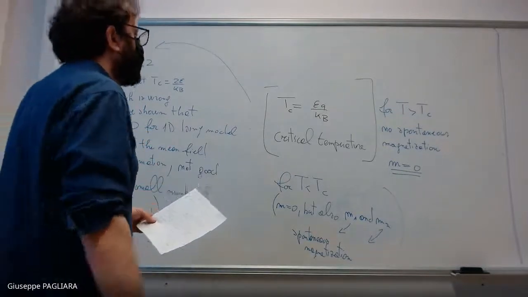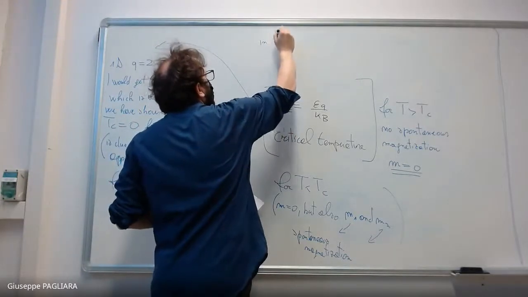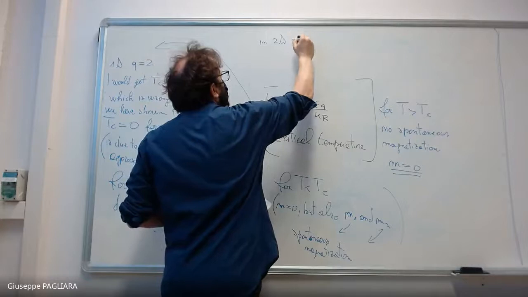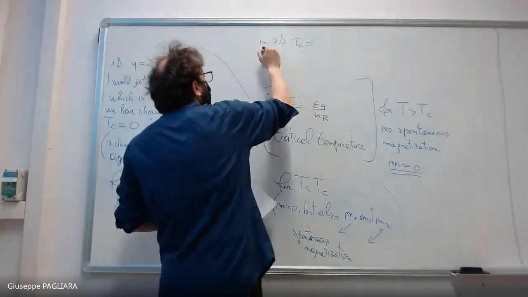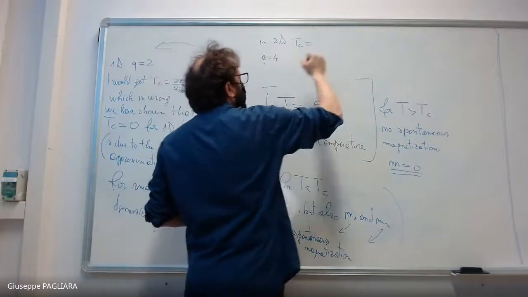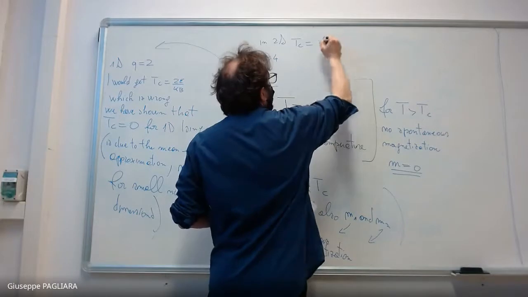Indeed, we cannot recover the correct result in one dimension, and also in two dimensions. Actually, I should mention this. In 2D, we get that Tc is equal to, with q equal to 4, epsilon times 4 divided by Kb.